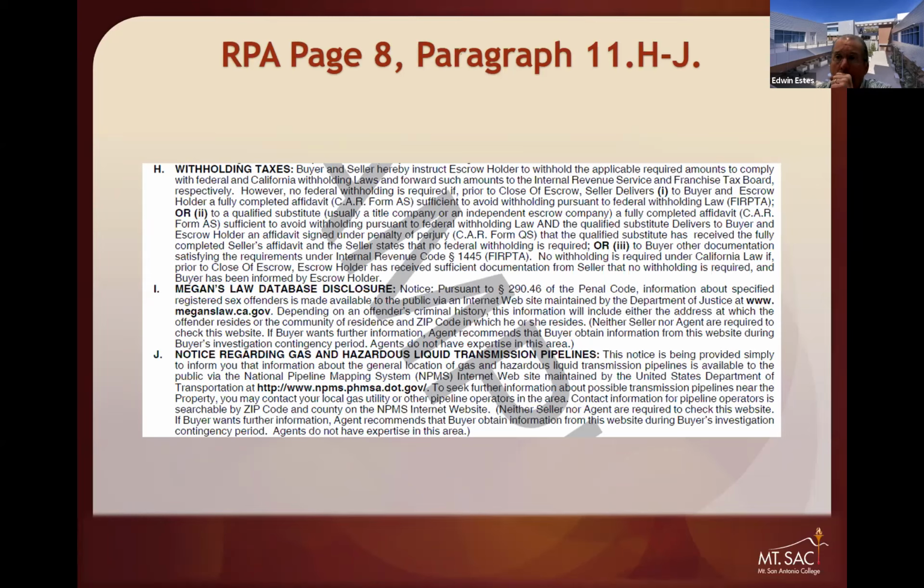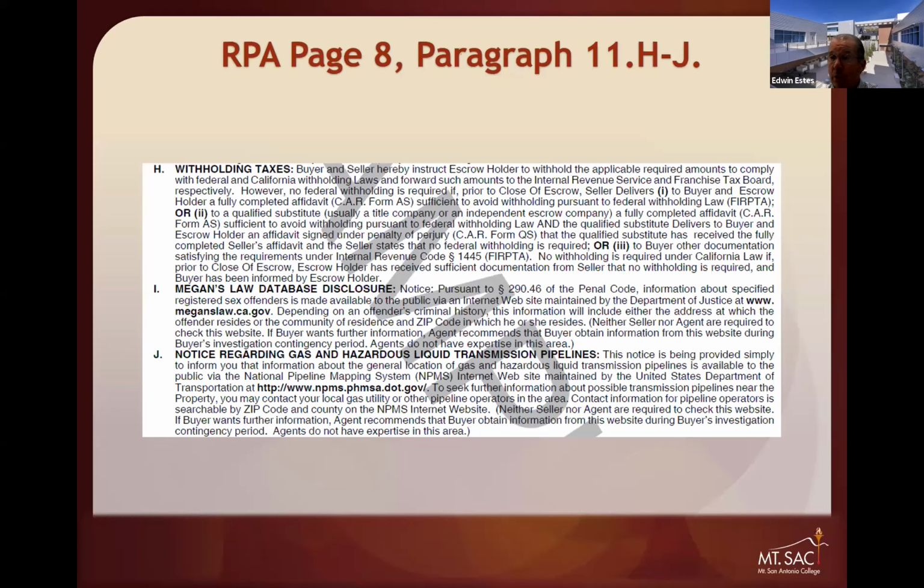Then a withholding does not have to be done. Okay, so the contract says the withholding will be done. What does that mean? Well, for federal, 15% will be withheld and paid to the IRS. If a withholding did not have to be made, then the seller/taxpayer will get it back as a refund when they file their taxes.